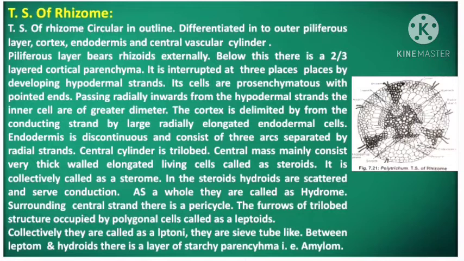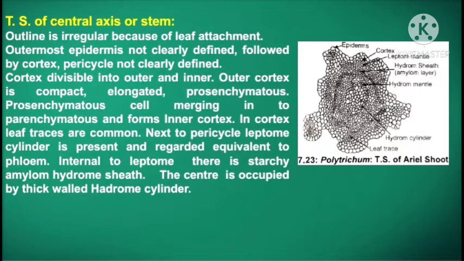The lower layer of the parenchymatous cortex has some elongated and big cells, that is the endodermis. Inside the endodermis, there is a sclerenchymatous central strand, which is a triradiate structure. This is the internal structure of the rhizome.